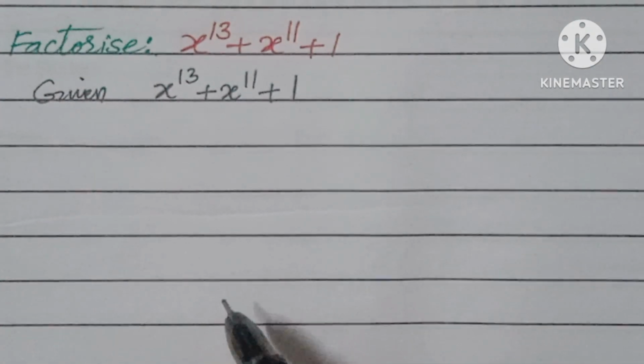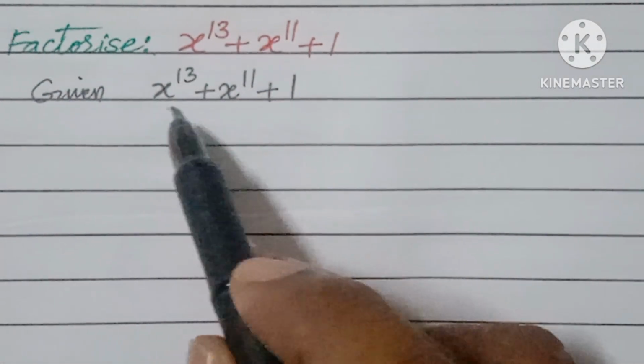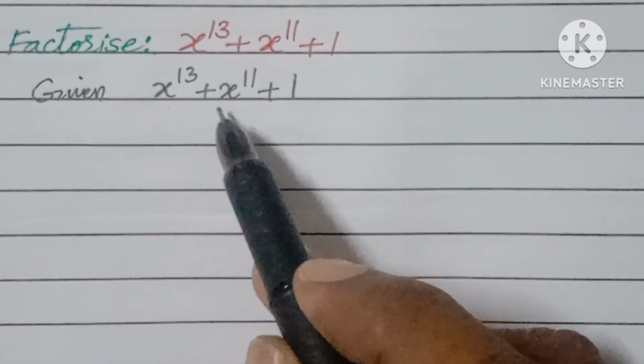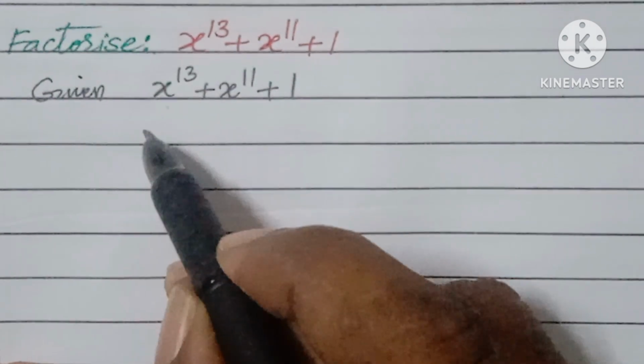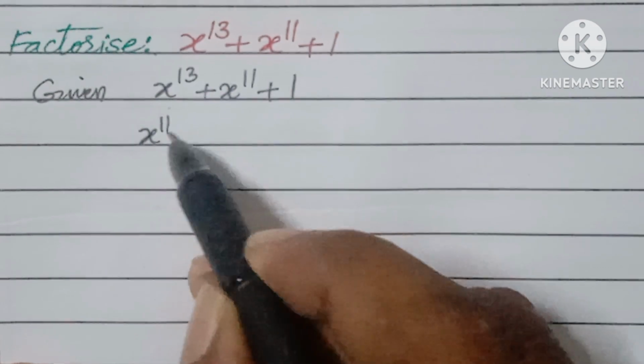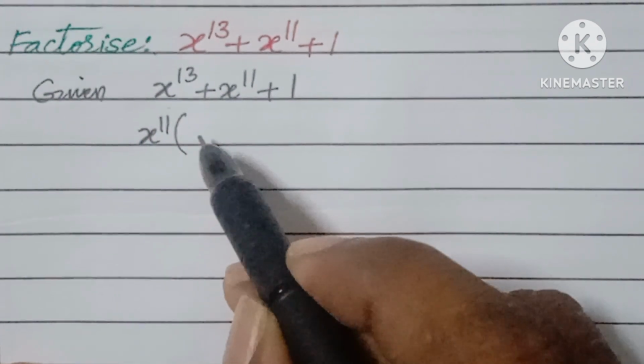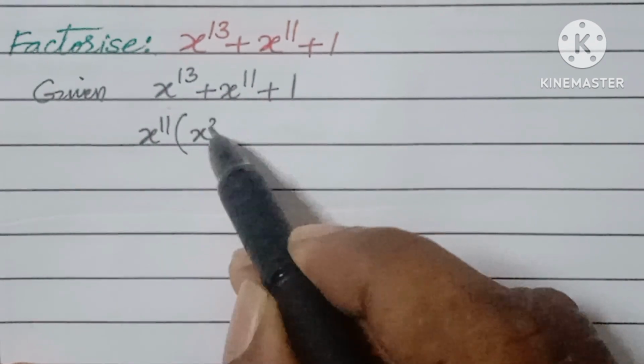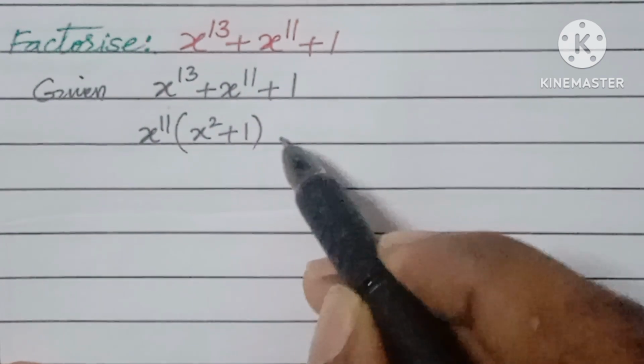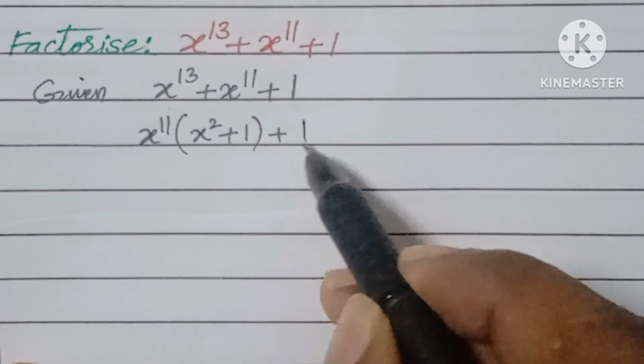By observation you can see that for these two you can take common x power 11. So I am taking x to the power of 11 common: x square plus 1, plus 1.